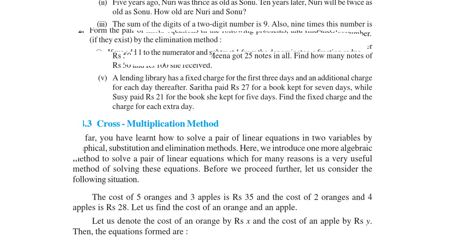So in which case will the solution not exist? Anybody can tell me? Very good. If we form the pair of linear equations and find that they are in the category of no solution or infinite solutions, then you will not be able to solve by the algebraic method.